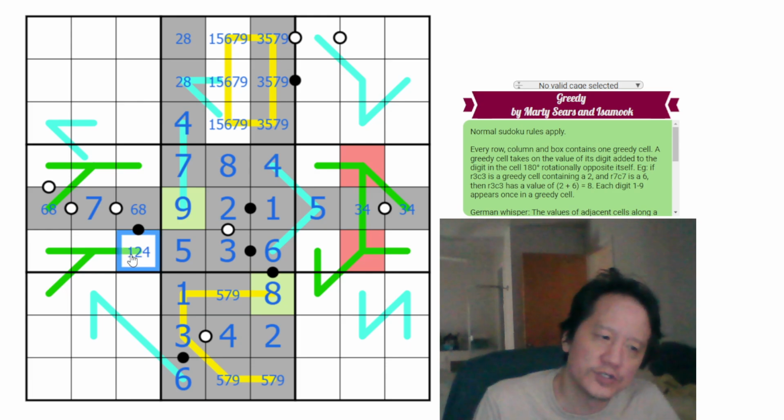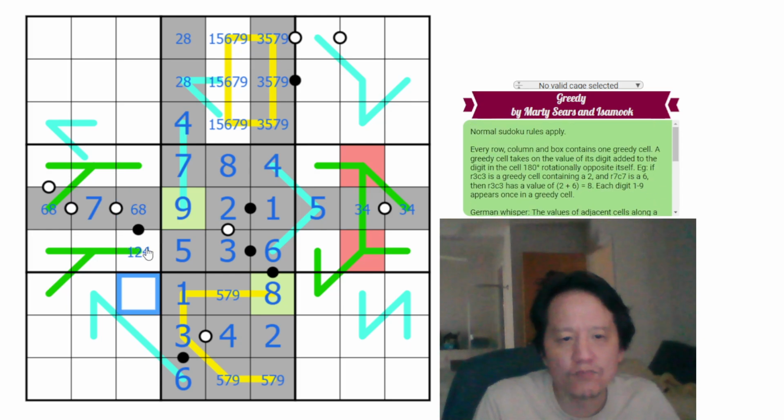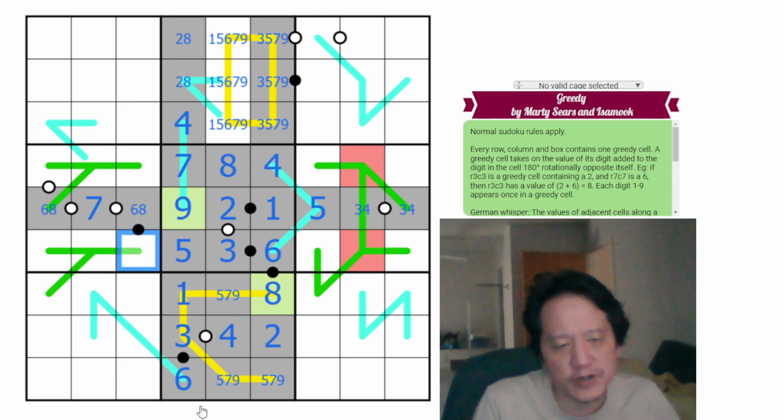So this value is 3 or 4, which means this is either a greedy cell or it's 8 plus. Because this is values, right? So this is low. Oh, technically this could be double. So we don't have a guarantee. So we don't know anything about that.